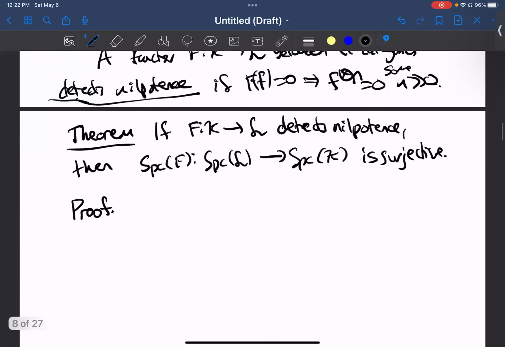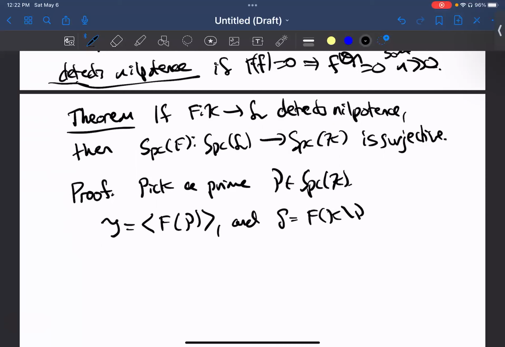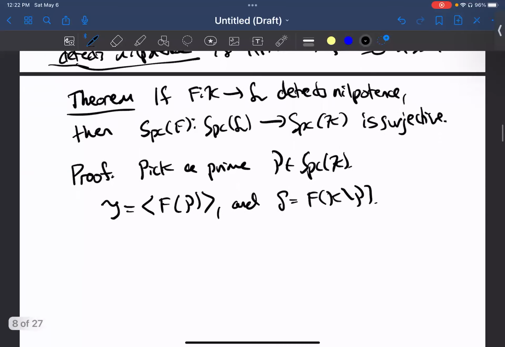All right. So what we're going to do is pick a prime P in the spectrum of K. And we're going to define the ideal J to be the thick triangulated subcategory generated by the image under F. And we're going to let S be the image of K without P. So this is some multiplicative set.